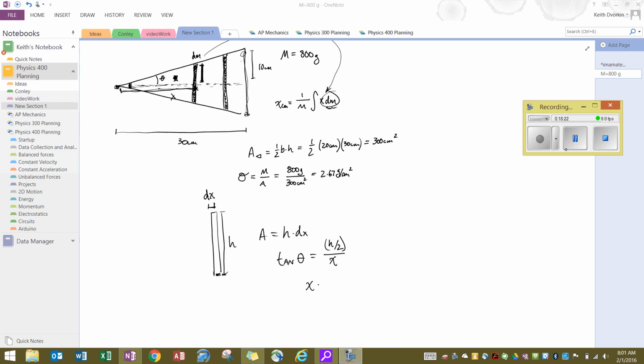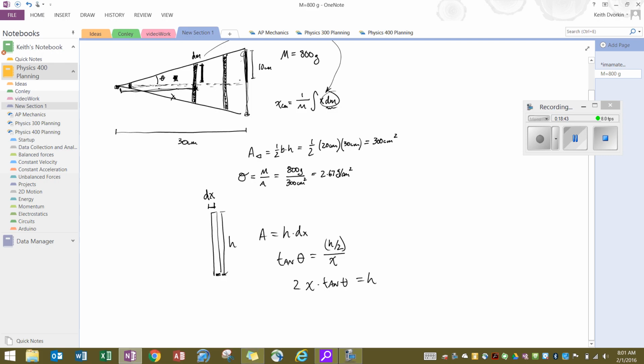We have x times the tangent of theta times 2 equals h. And theta is not a variable. Theta for this triangle is defined. So we could just look at the total triangle there.